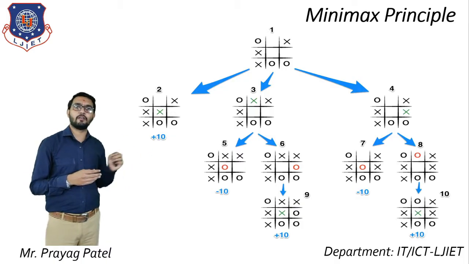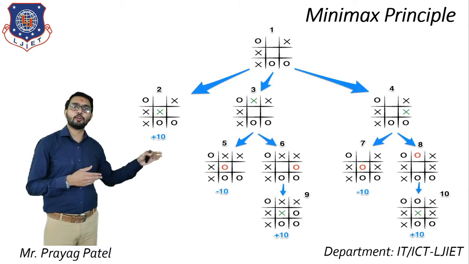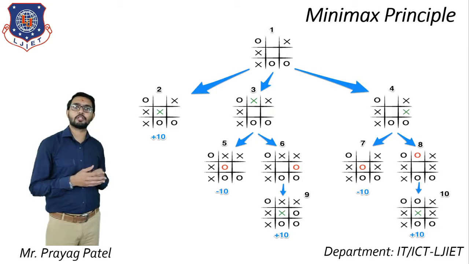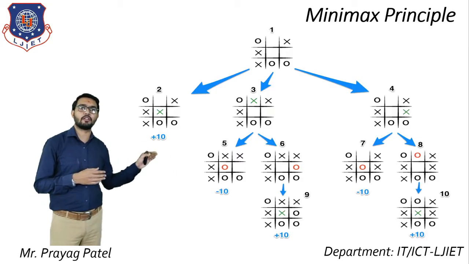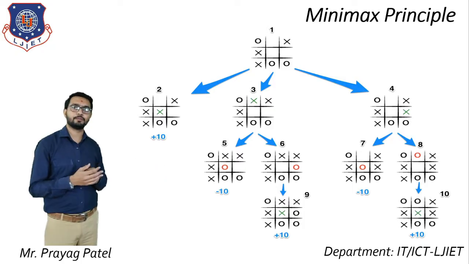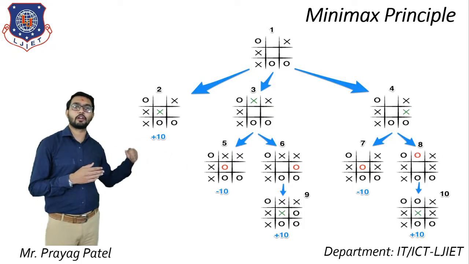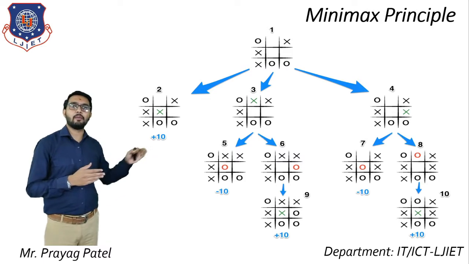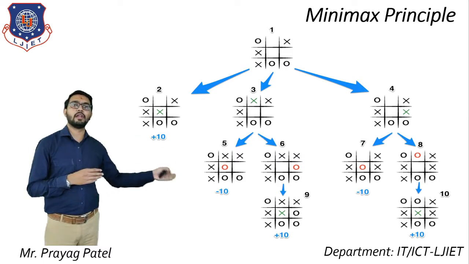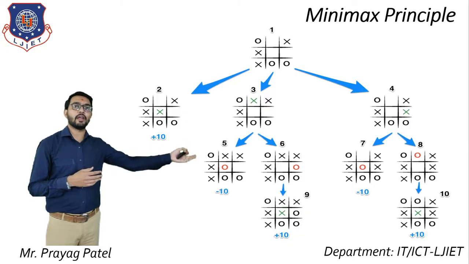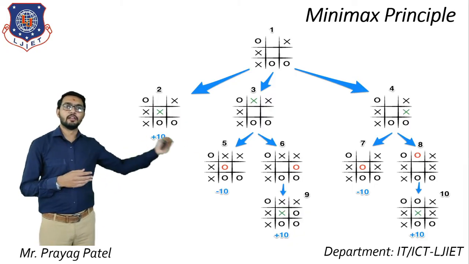After that, it is the turn of the 0 player, who puts the 0 in both situations. In the first situation, it is a winning situation for the 0. After that, it is the turn of the max player, who puts the cross, which is a winning situation for the cross. In the same way, you can perform the operation for the second problem.